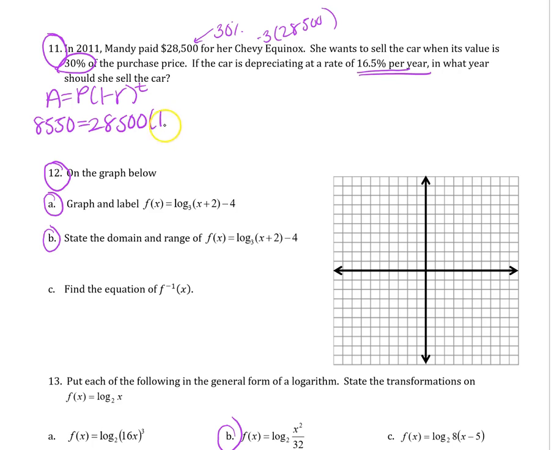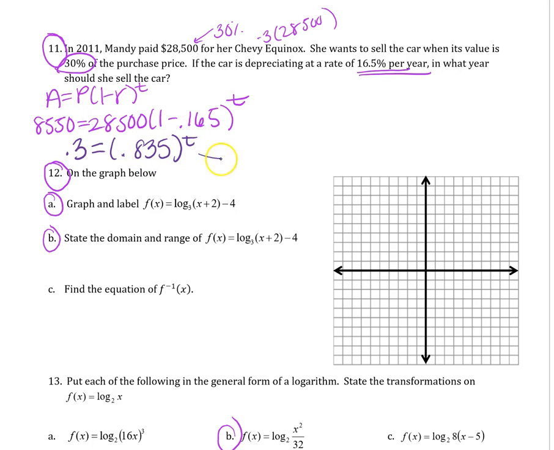The rate is going to be 0.165 to represent 16.5%, and then I'm solving for t. When you divide both sides by the 28500 you're going to get 0.3 for A, so you could just plug 0.3 in there, because that's 30%. Times 1 minus 0.165 is 0.835.